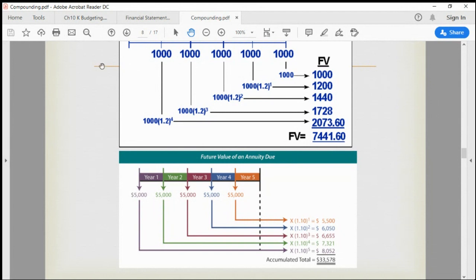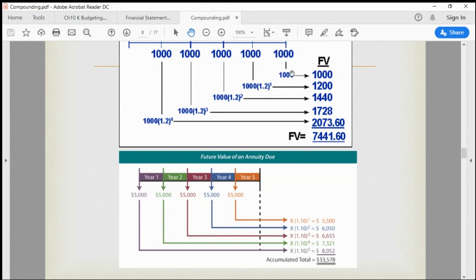If you think about it, if we started making a deposit of another 1,000 at time 0, then you only have one more term, which is 1,000 times 1.2 raised to 5, right?